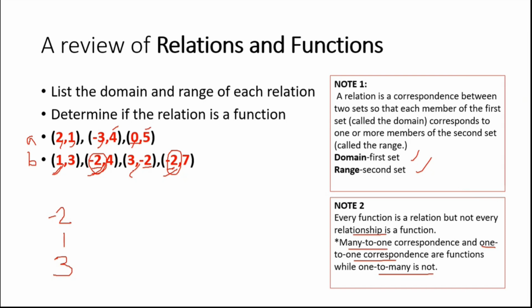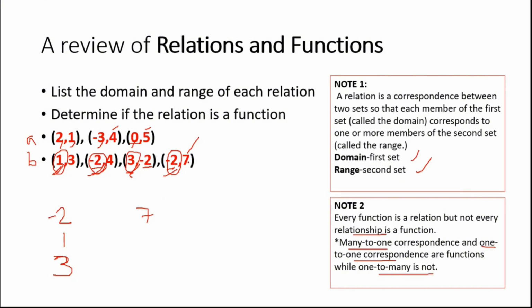The next is 3, we write it, and we have 1. So these are the domain of these relations. Next, what about the range? We have 7.